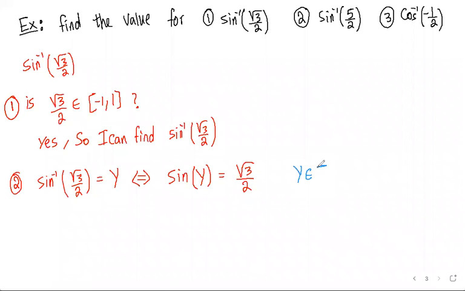What value, if I plug it in here, gives me square root of 3 over 2? I have to ask myself which value, from the table before, if I plug it inside the sine, gives me square root of 3 over 2, such that this value is between negative pi over 2 and pi over 2.